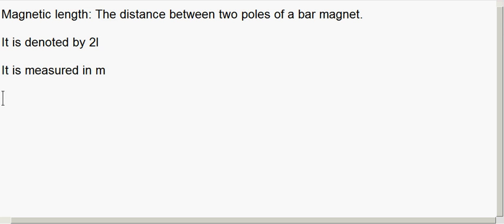Next is the important thing, that is magnetic dipole moment. The product of the pole strength of any one pole and the magnetic length of the magnet is called the magnetic dipole moment.